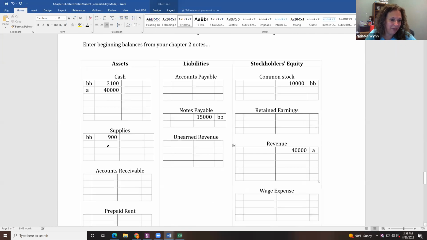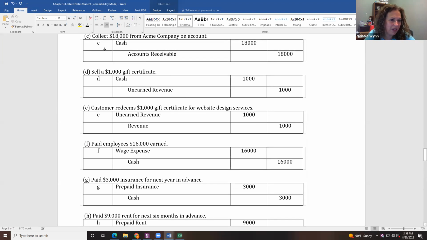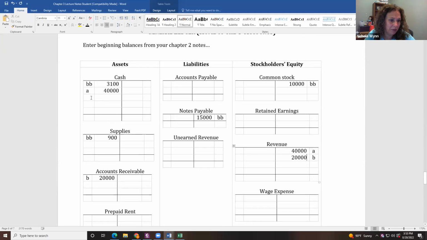So I'm going to go to the left side of accounts receivable and I'm going to put 20 and the credit was revenue of 20. Transaction C was a debit to cash of 18 and a credit to accounts receivable. So letter C was 18, letter C was 18. It doesn't matter if I put it on the top row or here. It doesn't matter as long as you put it on the correct side.